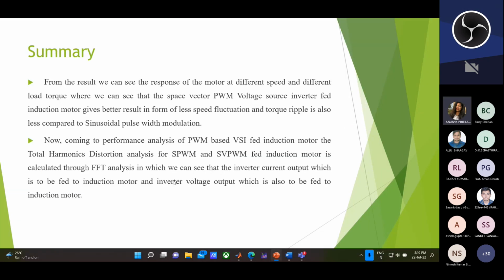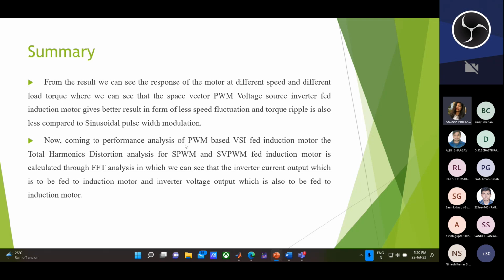So, the summary part. From the result, we can see the response of the motor at different speed and different load. We can also see that the space vector PWM voltage source inverter fed induction motor gives better results in the form of less speed fluctuation, and torque ripple is also less compared to sinusoidal pulse width modulation.